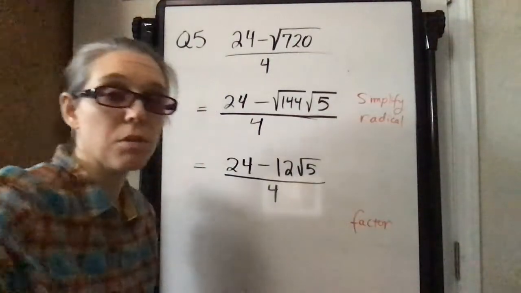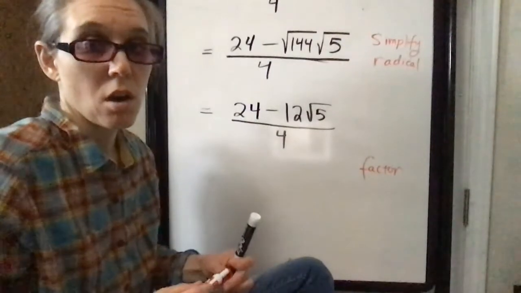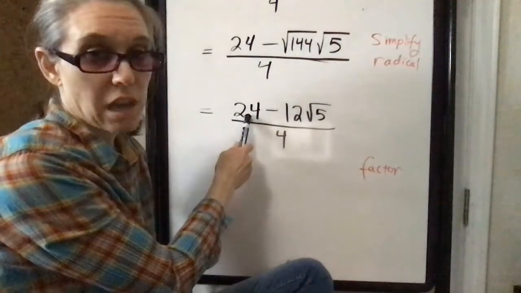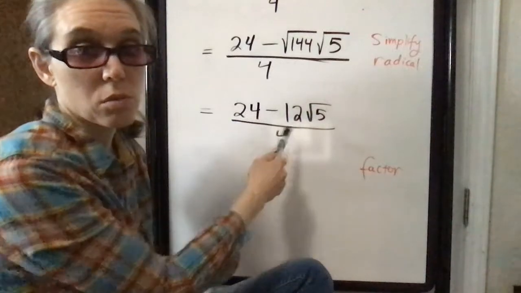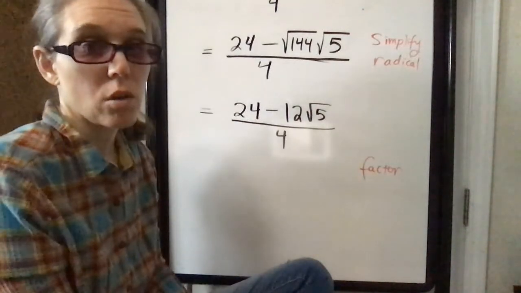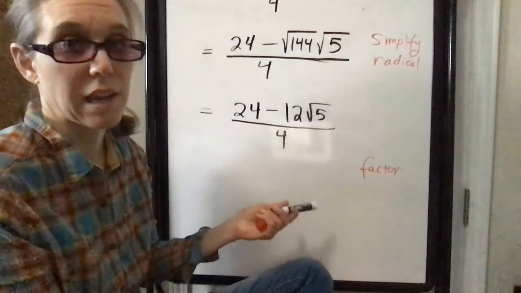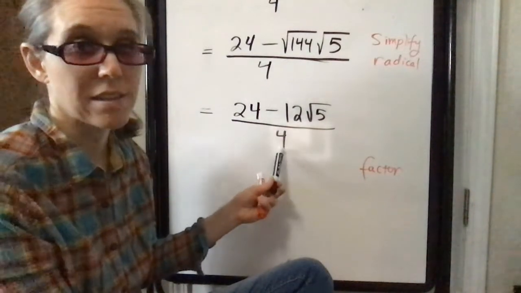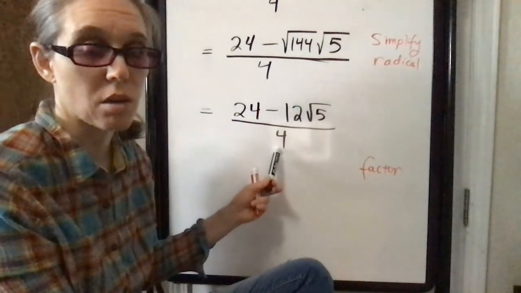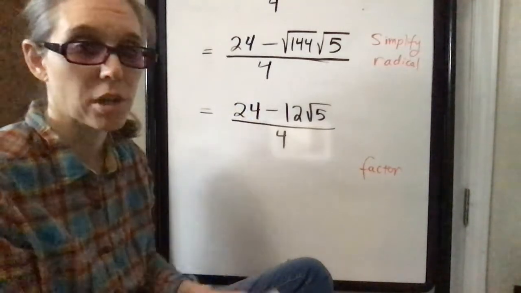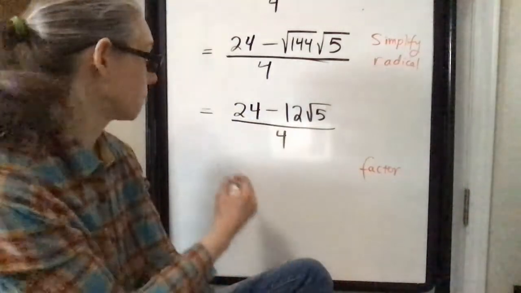So factor before you reduce. So what we want to do is you can either factor out the GCF of 24 and 12, which is 12, or you could factor out a 4 since it's only the 4 that is going to cancel. So since I can see that the denominator is a 4 and not a 12, I am not going to actually factor out a 12 from the numerator. I'll just factor out a 4.